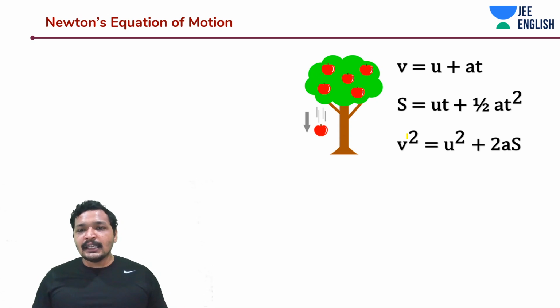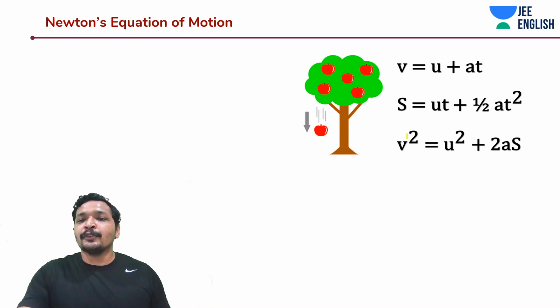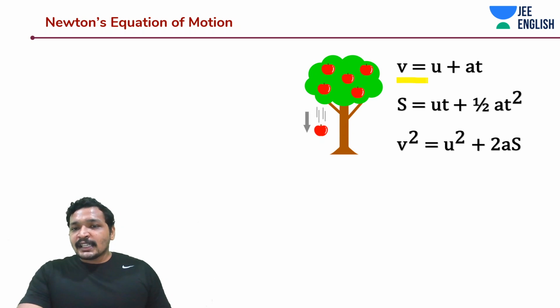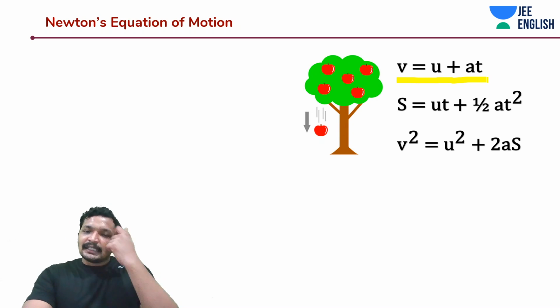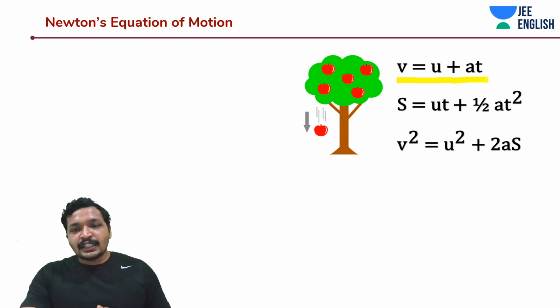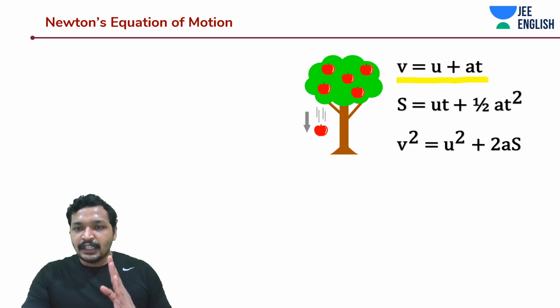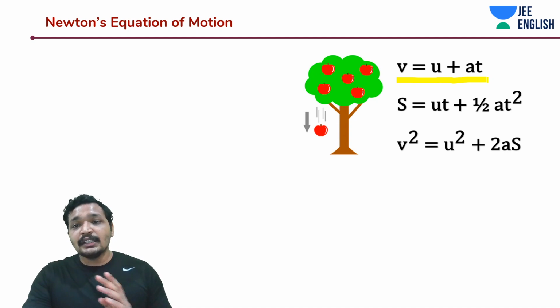These are the three fundamental Newton's equations of motion. The first one says v is equal to u plus at, which is nothing but final velocity is equal to initial velocity plus acceleration times time. That's the first equation.